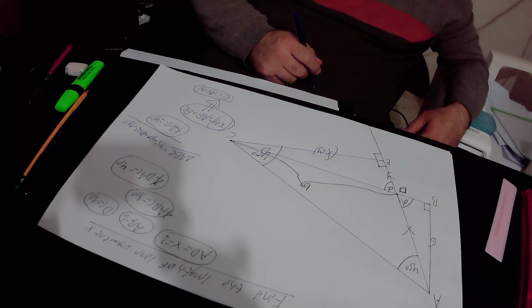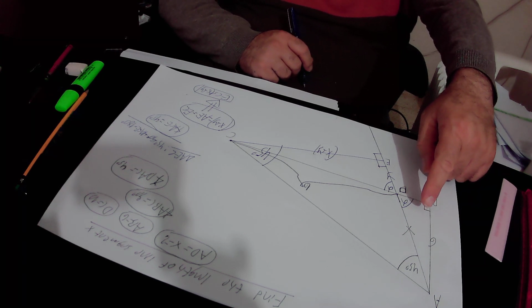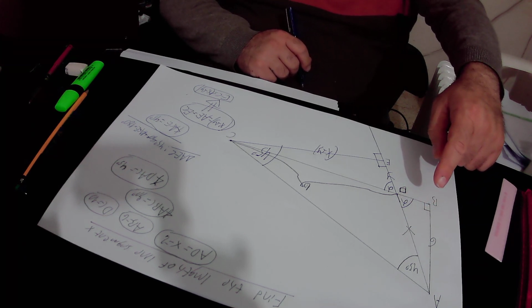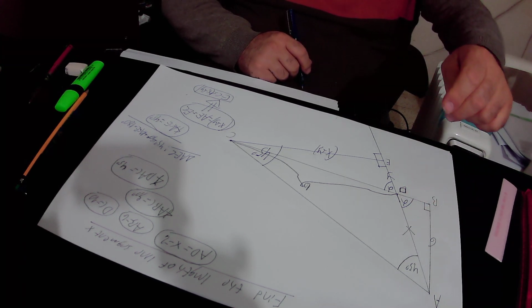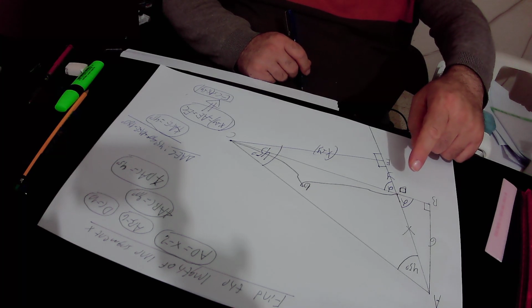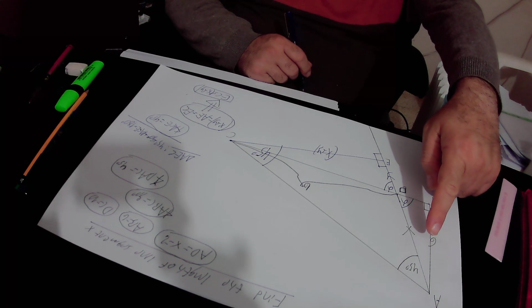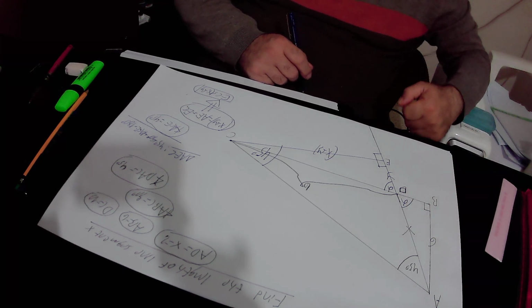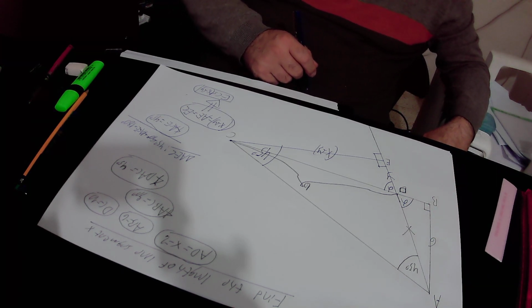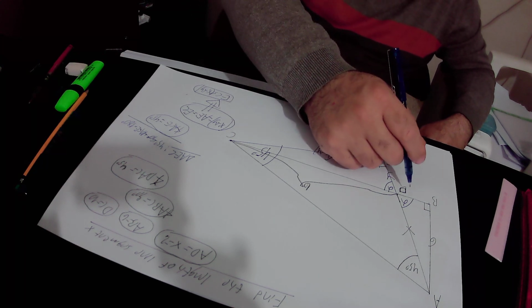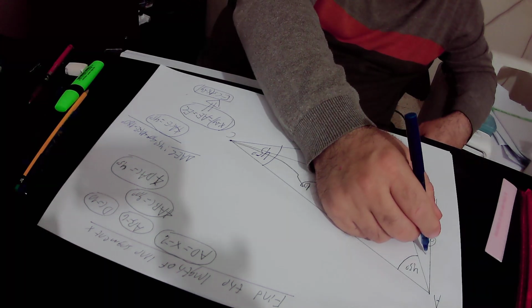And in the right triangle ABD, this angle equals alpha, so this angle must be equal to 90 degrees minus alpha in order to complete the sum of the angles in the right triangle ABD to 180 degrees.